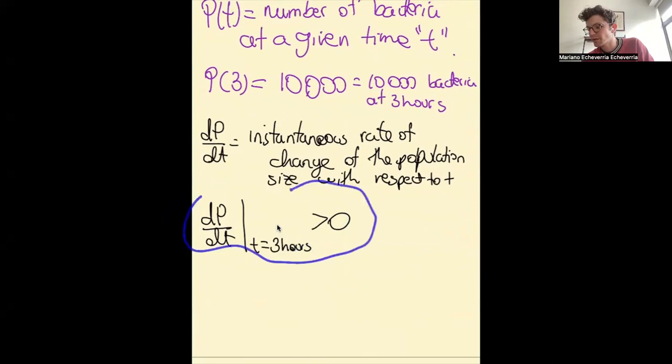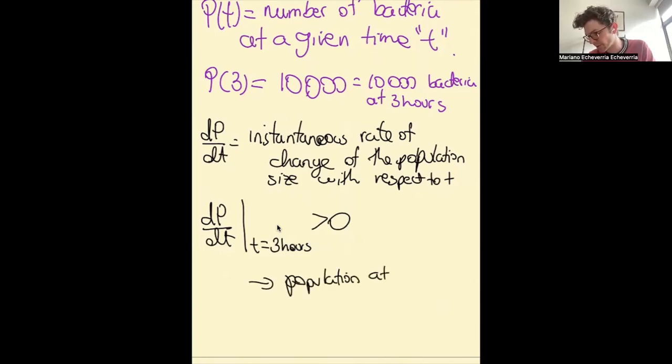What does it mean that the derivative is positive? That means that the population at 3 hours is increasing, right? The population at 3 hours is increasing.